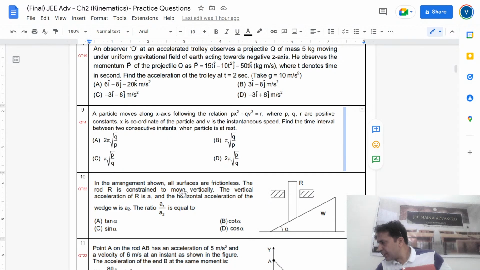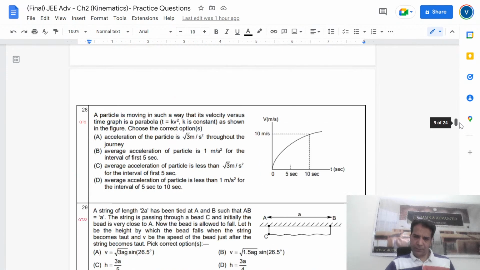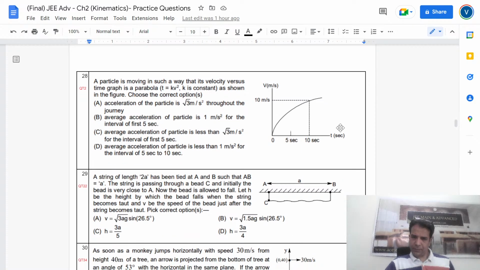So we're going to look at number 28. Let's attempt this one. Let's solve this one, beta.